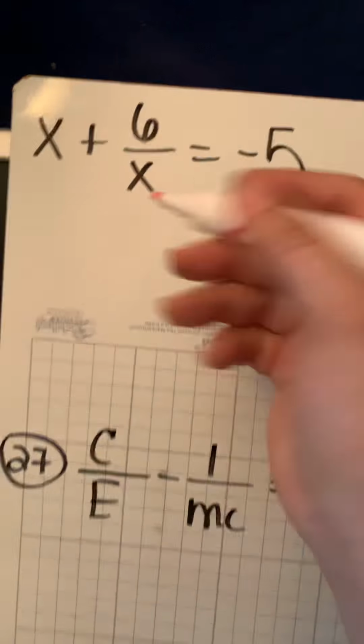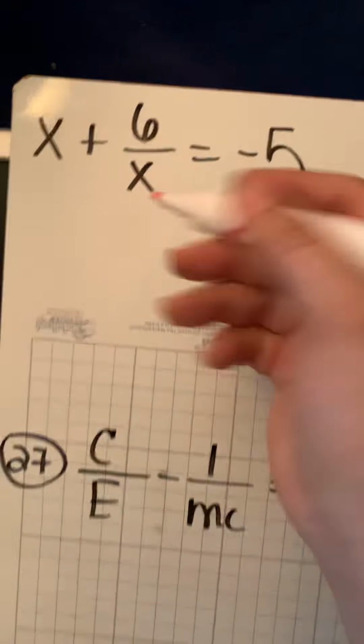Okay, a couple more. So this one here, your LCD, if I were to factor this, is b plus 1, b minus 1. So my LCD is b plus 1, b minus 1. So I'm going to take it times b plus 1, b minus 1 on each term.